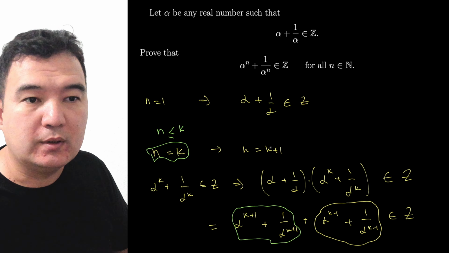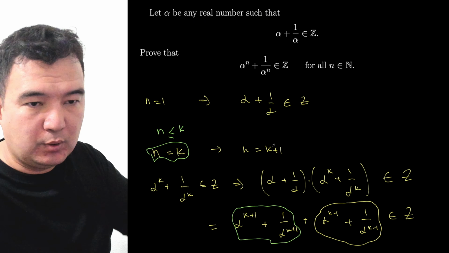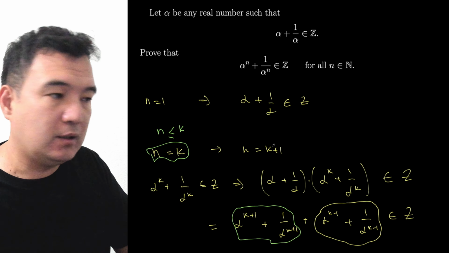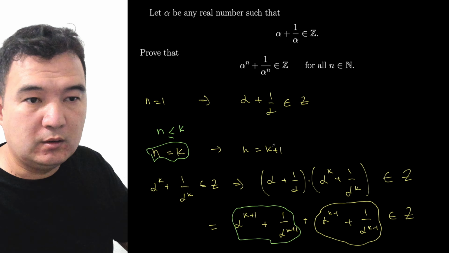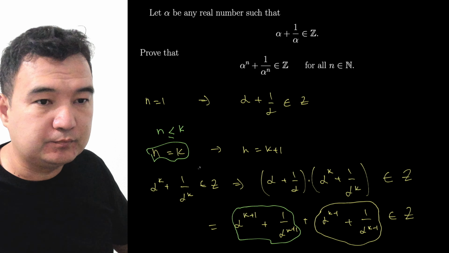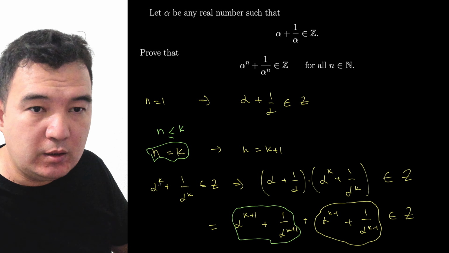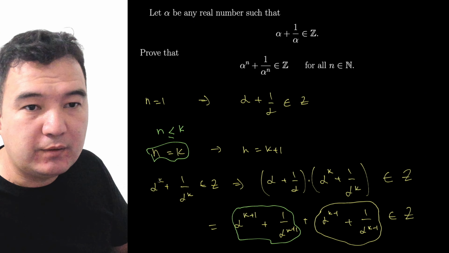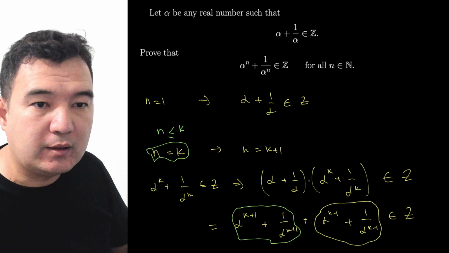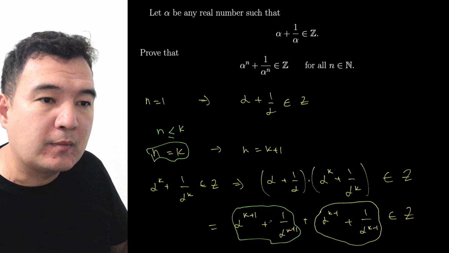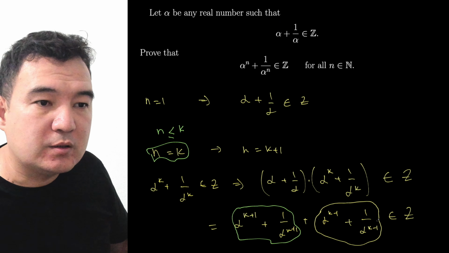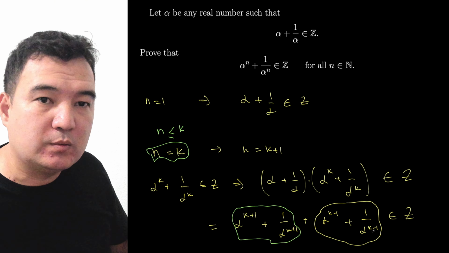Then we want to prove it for k plus 1. So we have a block of true statements, and the next statement is also correct, which means we use two statements: alpha^k plus 1 over alpha^k is correct, and alpha^(k-1) plus 1 over alpha^(k-1) is also correct.